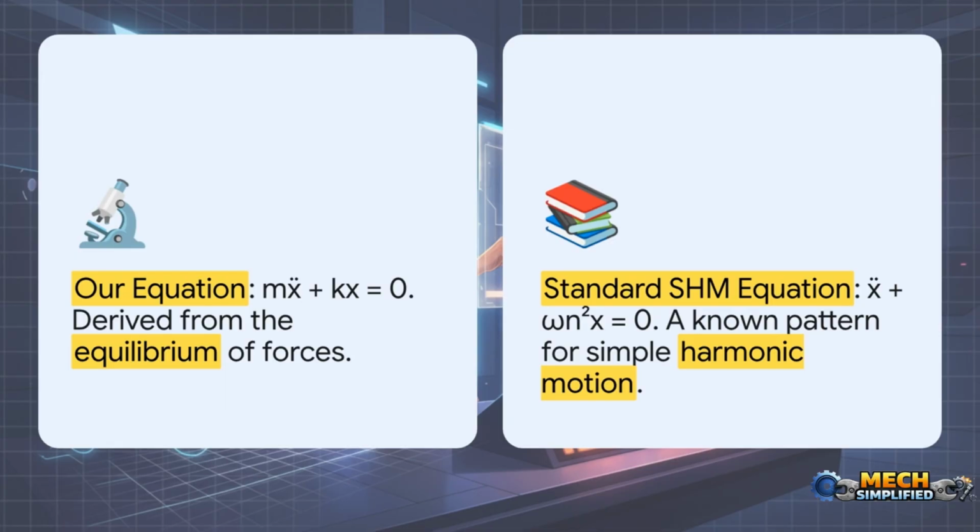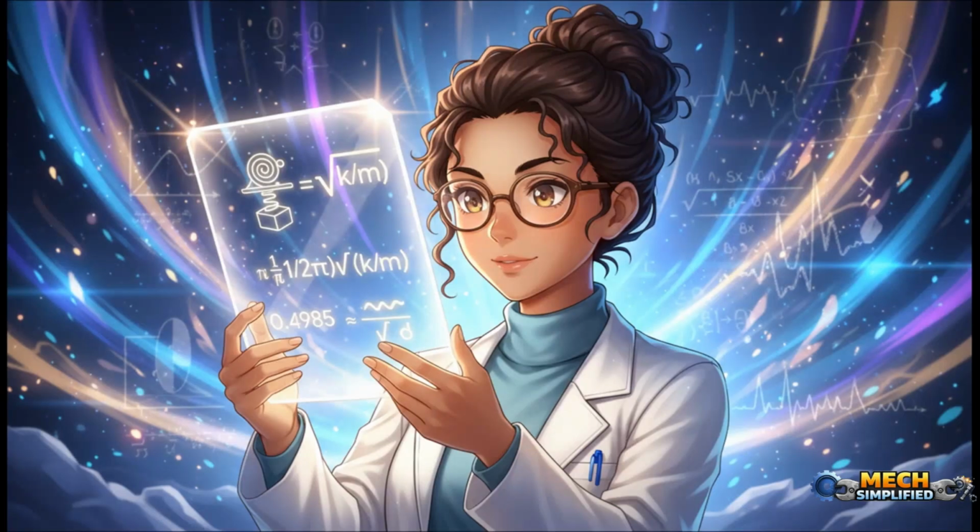They're almost identical, and we can use that to our advantage. Because those two patterns match up so well, we basically get to steal the answer. We can directly pull out these simple, powerful formulas. And as you can see, the natural frequency, the thing we want to predict, can be calculated with nothing more than the system's mass, m, and its stiffness, k. This is the heart of our predictive power.